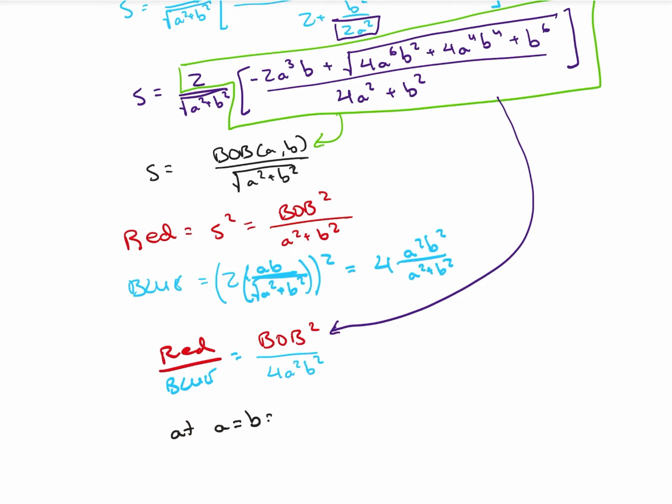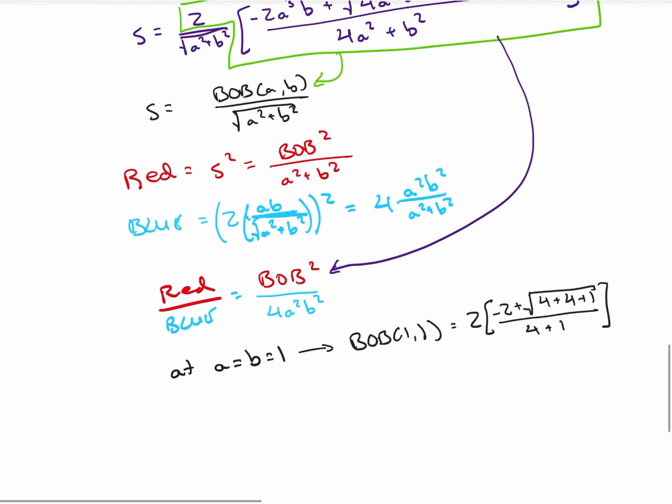So at a equals b equals 1, so this would be with our circle that we had earlier, what do we get? So if we do that, we get Bob of 1, 1 is equal to 2 times negative 2 plus the square root of 4 plus 4 plus 1 divided by 4 plus 1. So Bob is going to be negative 2 plus 3, so 1 over 5, 2 over 5.